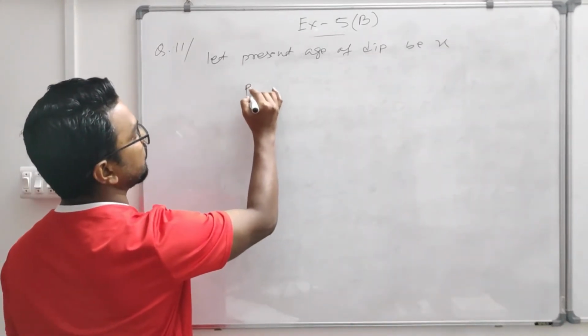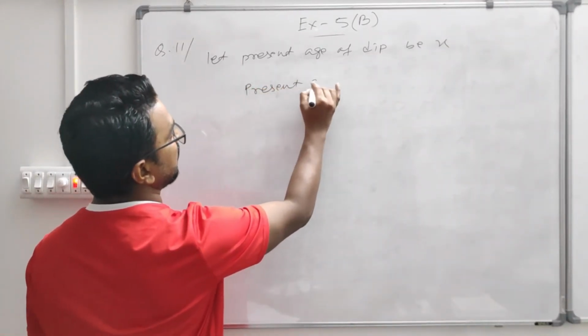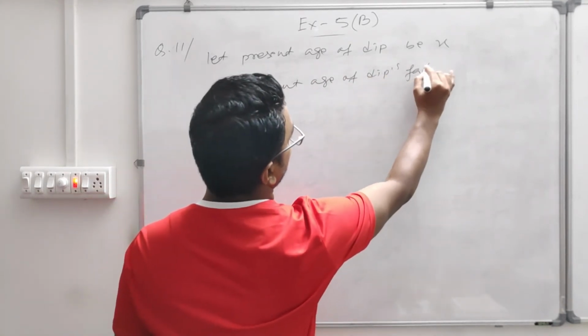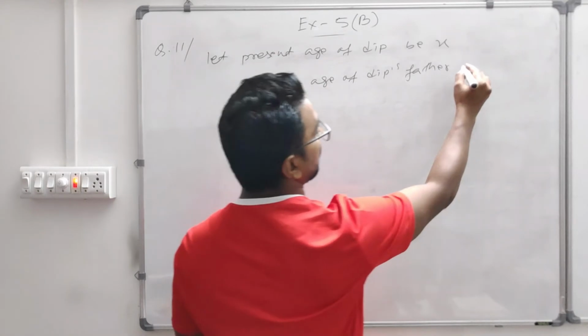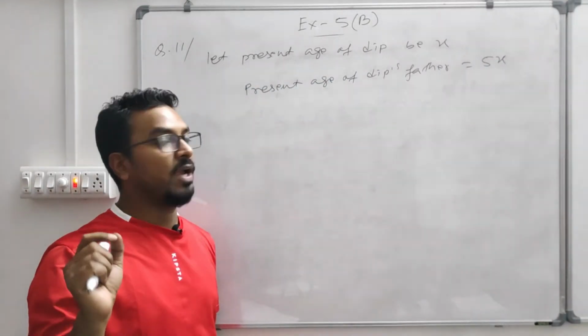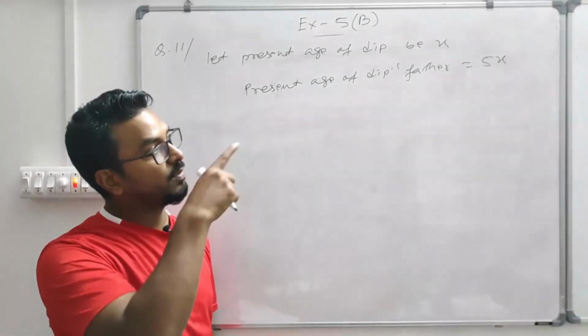Then the present age of Deep's father is 5x, because Deep's father is 5 times Deep's age.